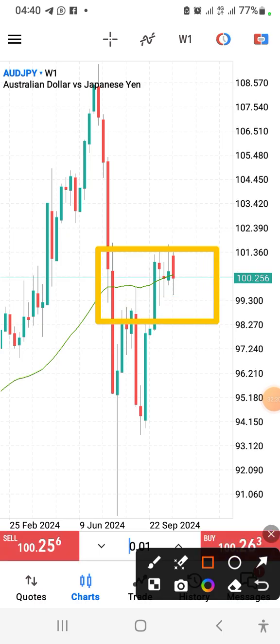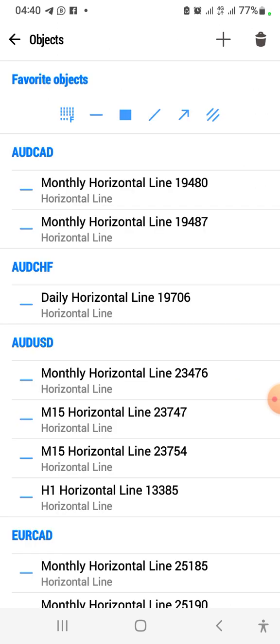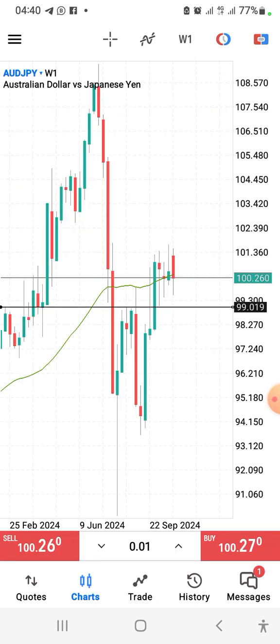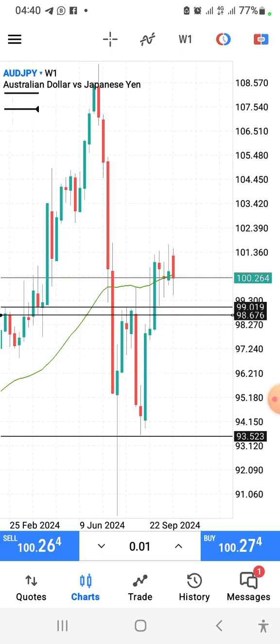So this is what you want to do: you draw your line and see if the market will come closer to this level. That's the level where we look for a reversal. So this height would play out.